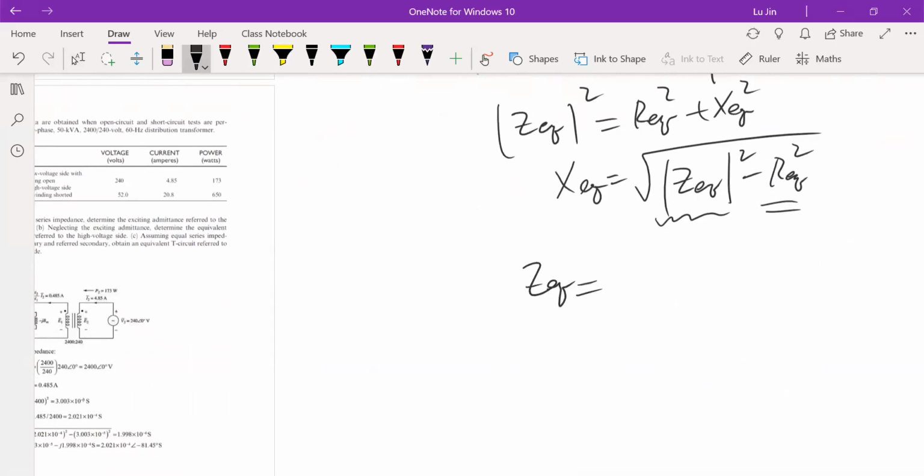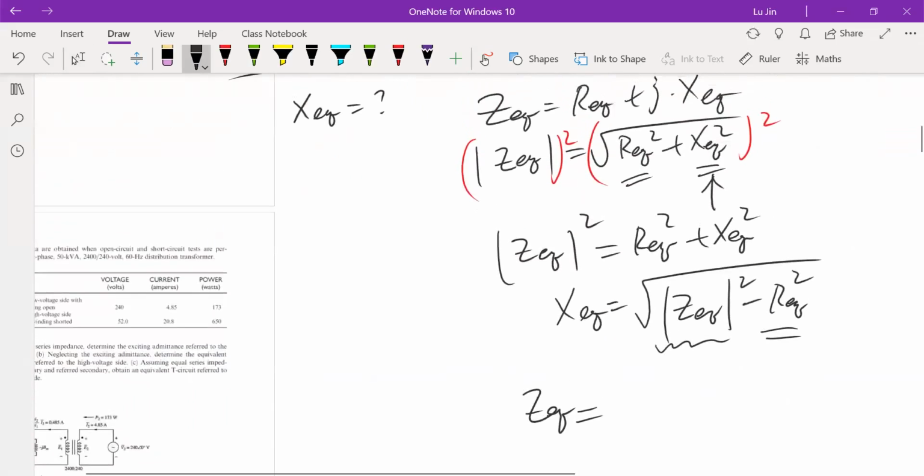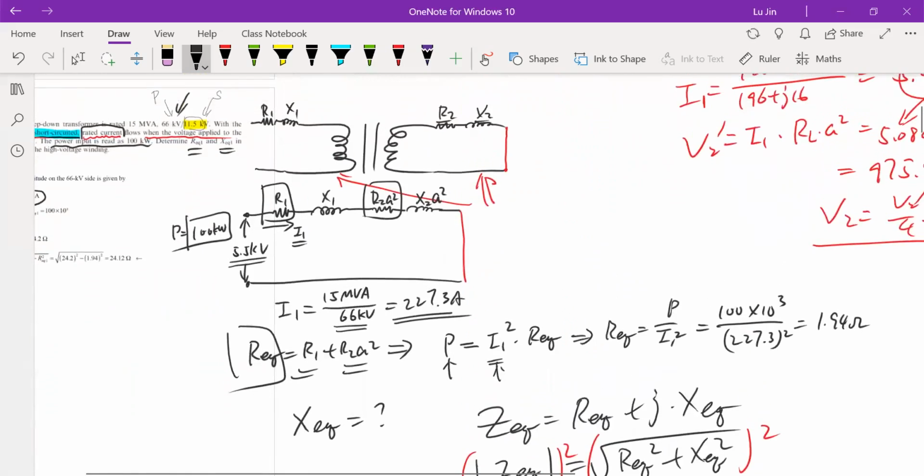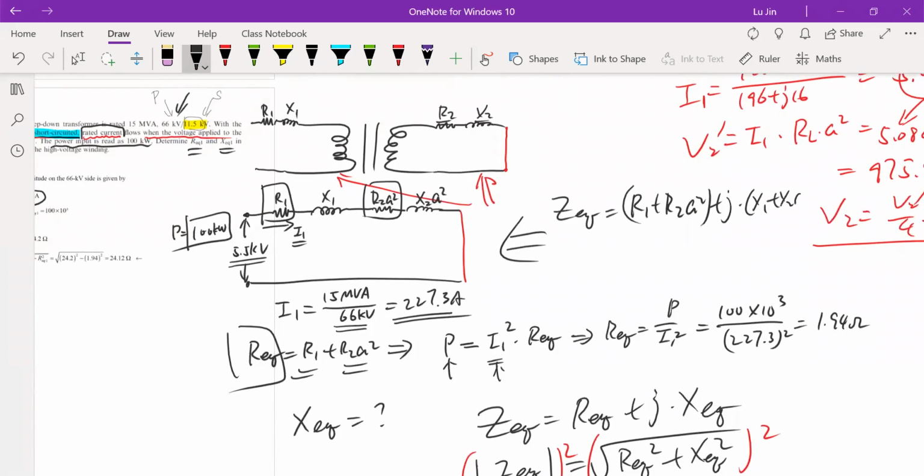It can be determined by using the voltage and current. Because in this whole question, ZEQ is actually the total impedance, which should be equal to R1 plus R2 a squared plus j multiplied by X1 plus X2 a squared.